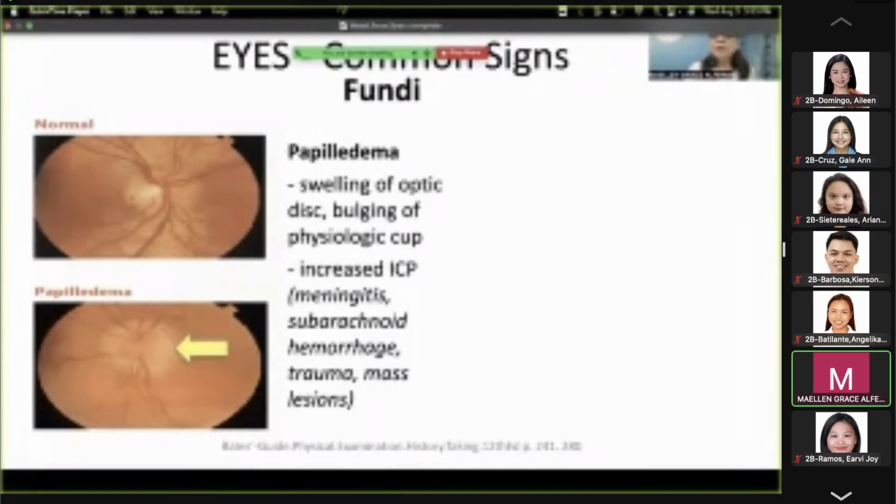So when you do fundoscopy, number 1, you should look for the red-orange reflex. If you don't see the red-orange reflex, most probably there's already a problem in the lens and you cannot fully assess the retina. And there can also be a problem in the retina, so there might be a detachment or there can be bleeding, vitreous bleeding, so you don't see the retina in full.